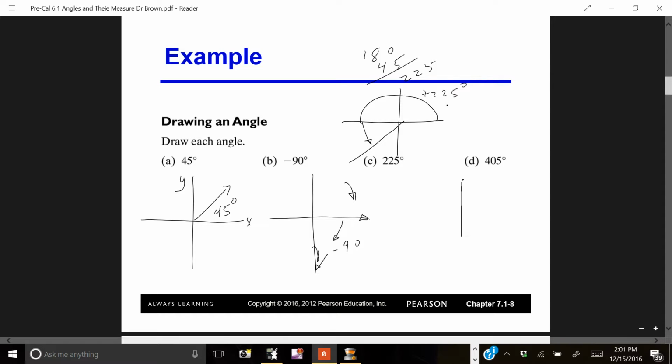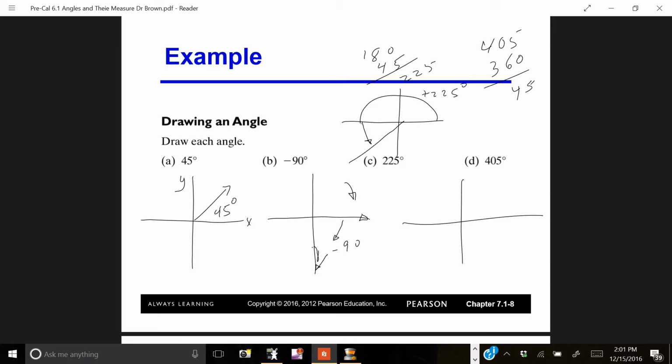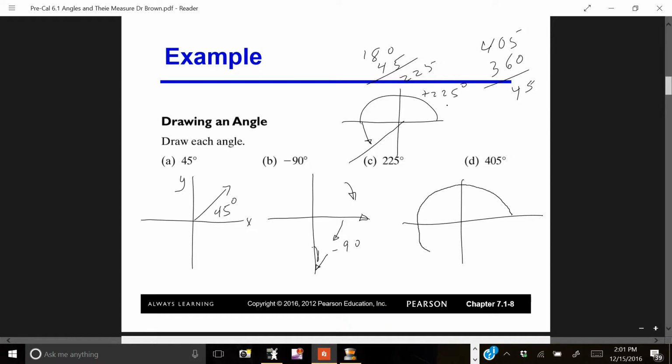Now to do 405 degrees we need to go 360, in other words, go all the way around and go 45 degrees more. So go 360 and go 45 degrees more.